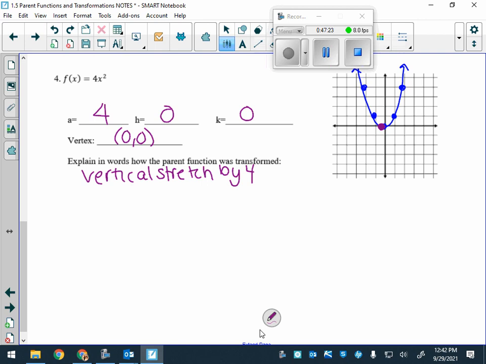Good. You multiply the y values by 4. So instead of 1, 1, where's my next point? 1, 4. Then I also have -1, 4. And that's your graph. Okay?